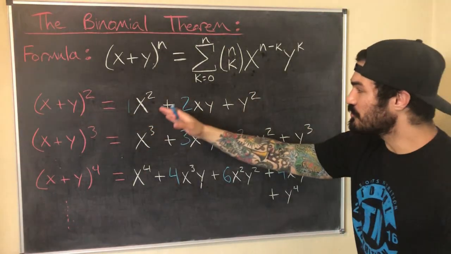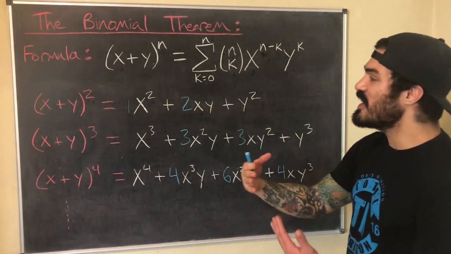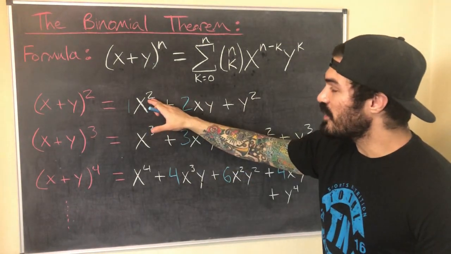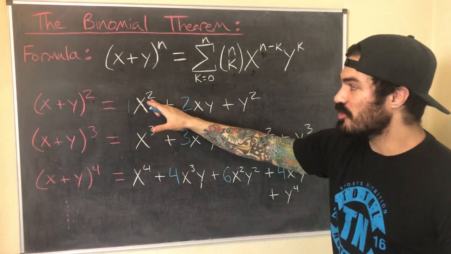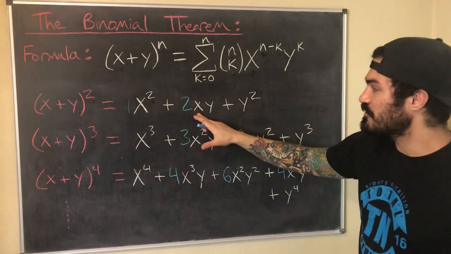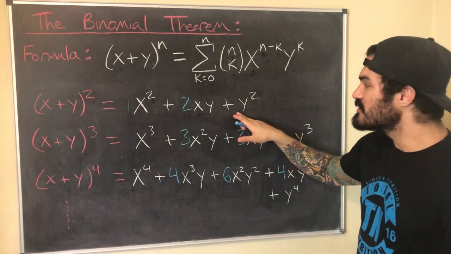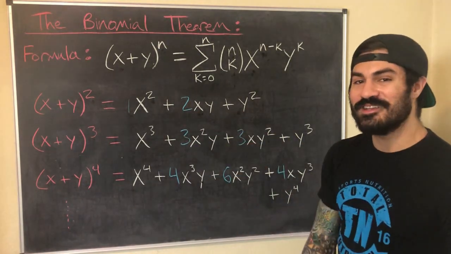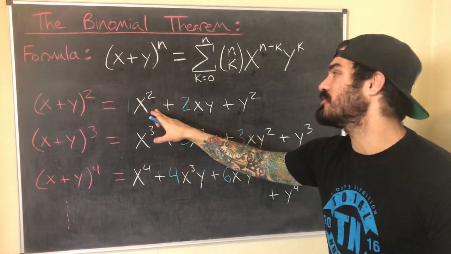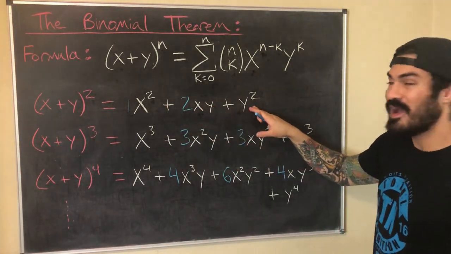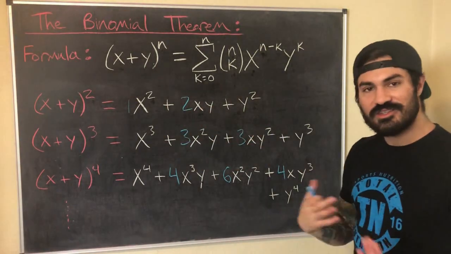And what happens through each term as we increase k, the exponent for x decreases. Here we go, x squared, x to the first. We can think of this as x to the 0, which is equal to 1, right? And what happens to y is it increases. Here we have y to the 0, y to the first, y to the second. And that pattern is consistent throughout all of these.